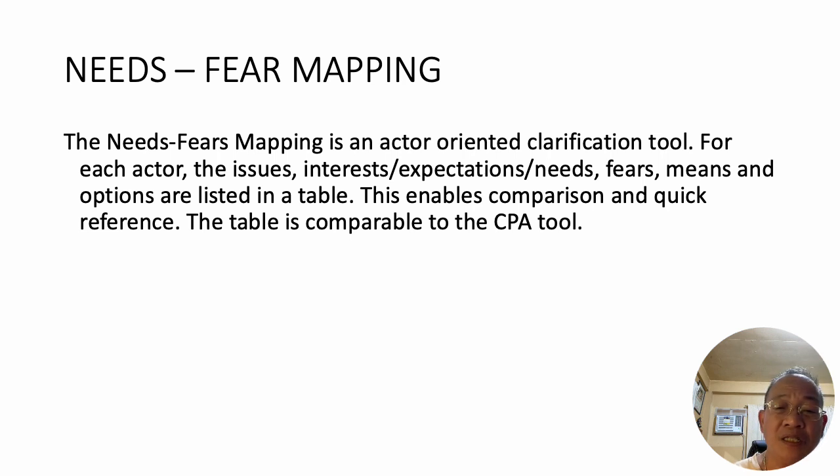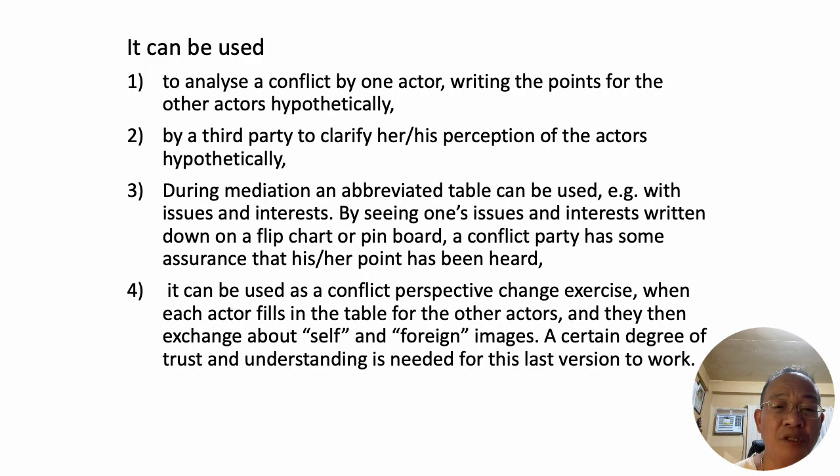The table is almost the same as the CPA tool that I have shown you in the previous slides. It can be used to analyze a conflict by one actor, writing the points for the other actors hypothetically, and second, by a third party to clarify his or her perceptions of the actors hypothetically.